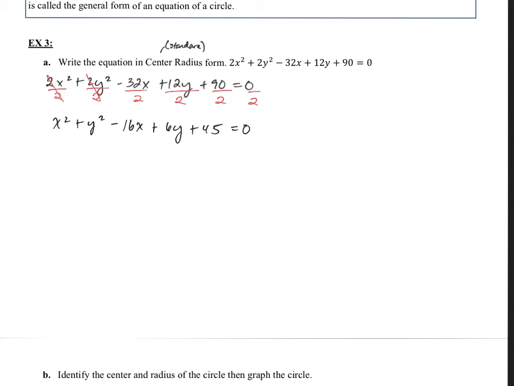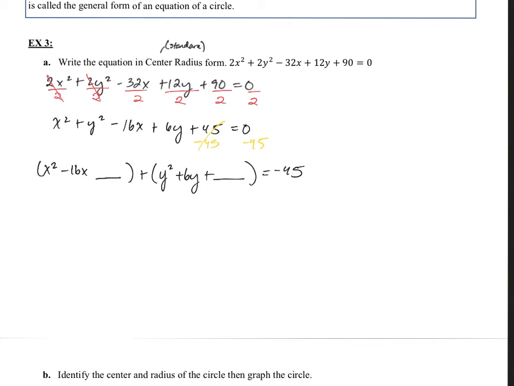When we subtract the 45 from both sides, I'm going to rewrite this, but this time I'm going to group the x and the y values. So take a look at how I do this. I'm going to group the x values together, leave space for that perfect number we're going to add in, and then group the y values together. And once again, leave space for that perfect value.